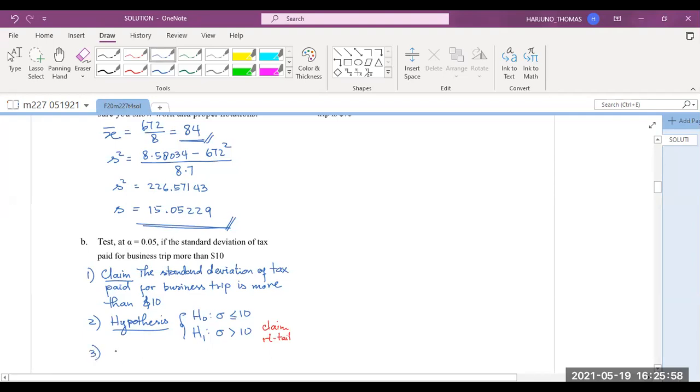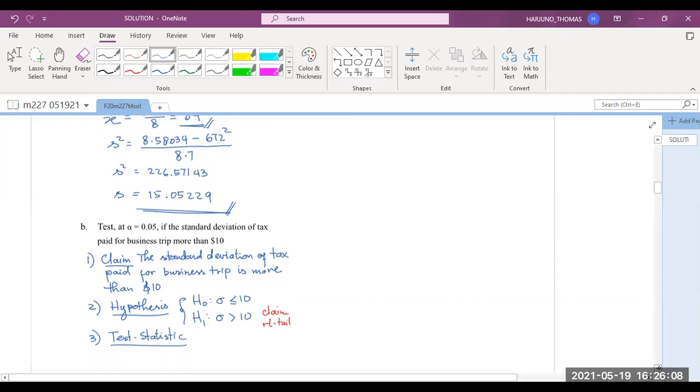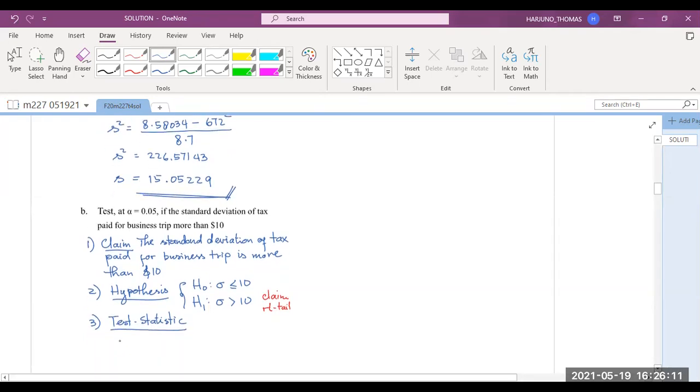Step 3, test statistic. Chi-squared equals degree of freedom. The sample size is 8, right? So degree of freedom is 7 times sample variance, which is 226.57143. That's sample variance.